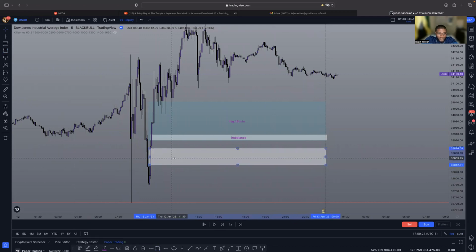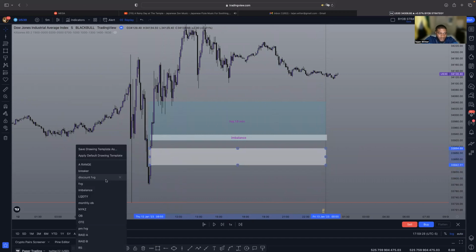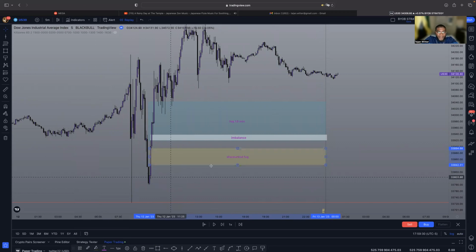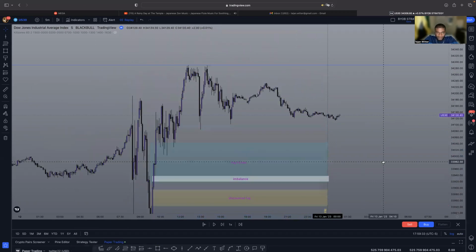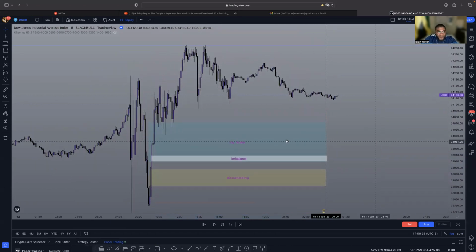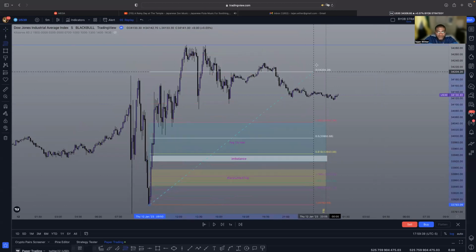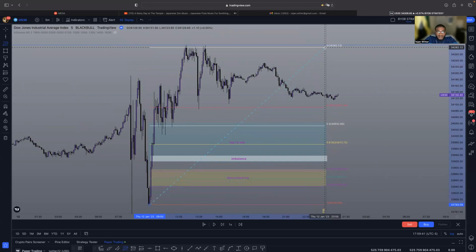And I really like this one too, because like I said, this is more in a deep discount. So I would label as a discounted fair value gap. And if I should drop my Fibonacci on it, it would be from low to high.